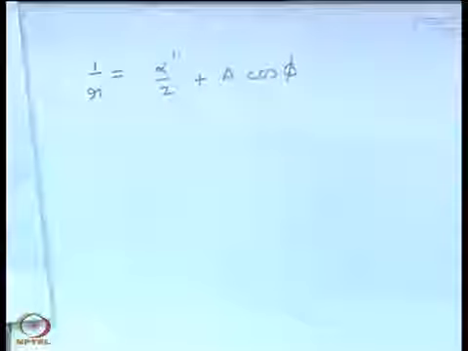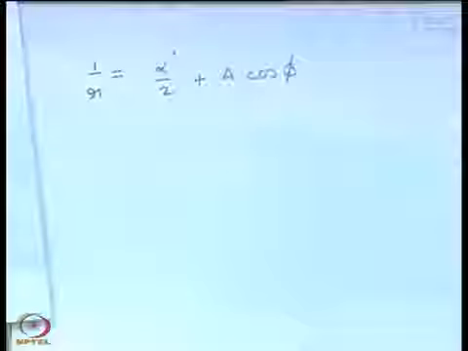Okay. So, we have obtained the solution to the problem that we want to solve. It is not in terms of the energy or the other integrals of motion, but we can do that.